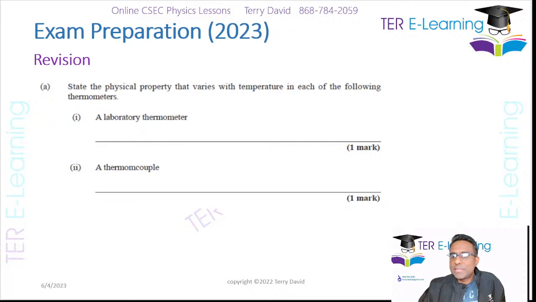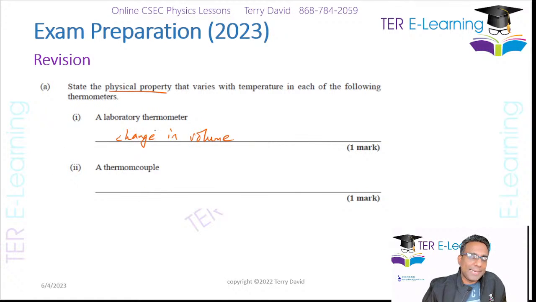Right, so I've seen people saying the same thing I'm saying basically. So when we're talking about a lab thermometer, so that's the one that you would have used in a lab, right? So the physical property we're talking about here will be change in volume. Right, that's a physical property. The next one here, thermocouple, right?